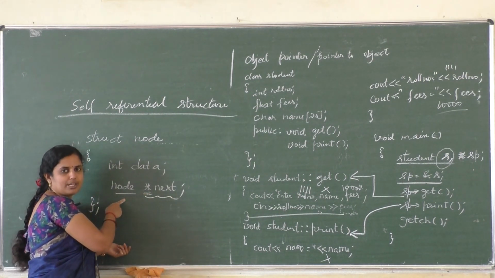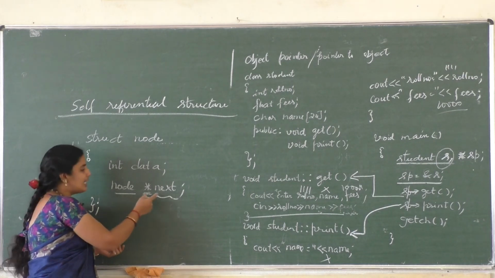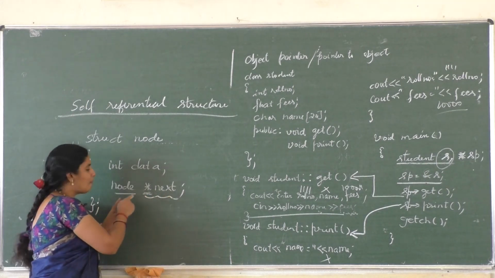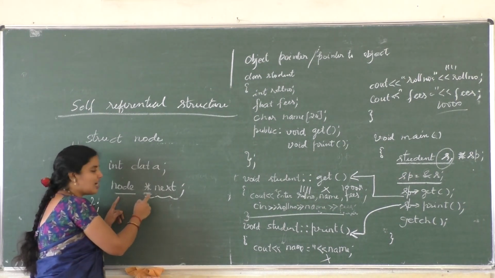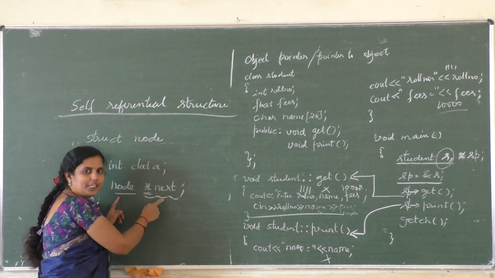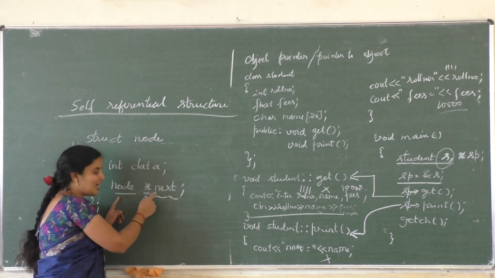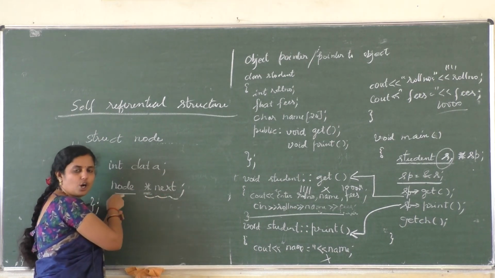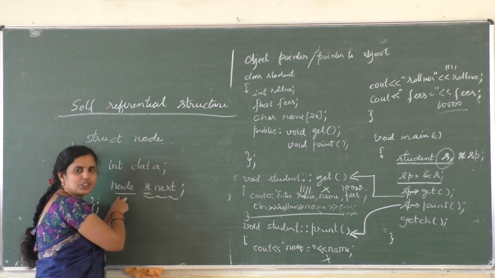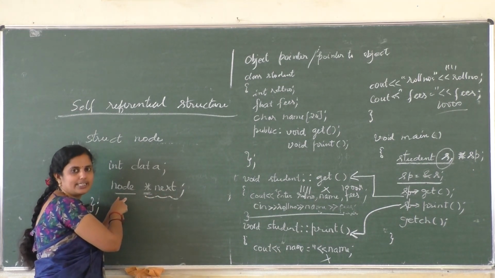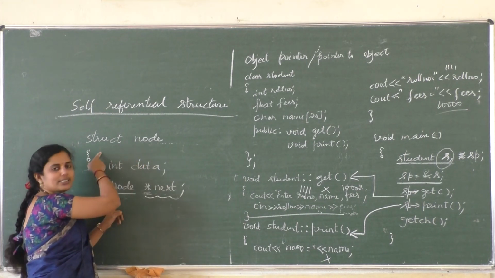Is it clear? Have you understood? Here star next is a pointer to node type data. Star next is a pointer of node type. That means star next holds the address of node type data. What is node? Node is a structure.